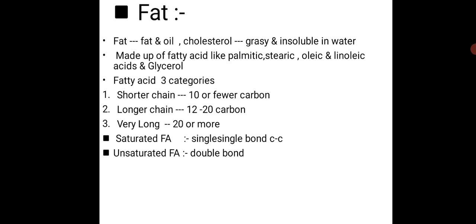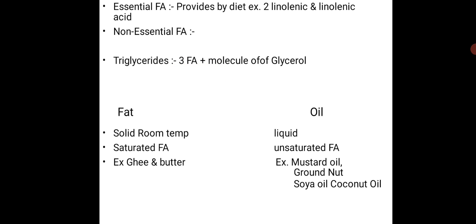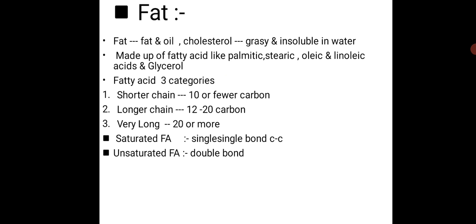Now fatty acids are of three categories: shorter chain, longer chain, and very long chain. In the shorter chain, 10 or fewer carbons are present. Fatty acids are mostly carboxylic acids.